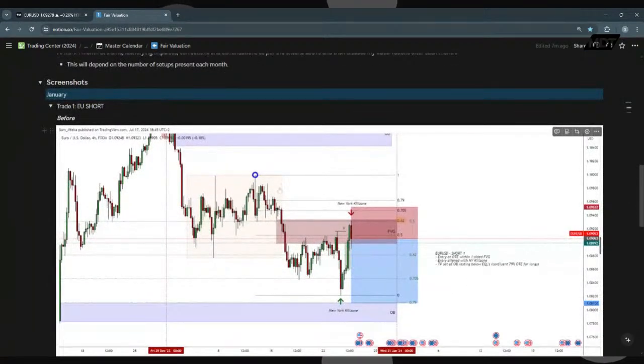So we had this first consolidation, we broke to the downside, while we were still trading within an overall bullish pullback. It told me that at least for now, we may see a continuation of price heading lower.